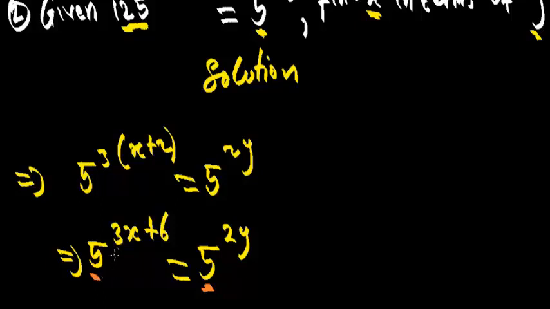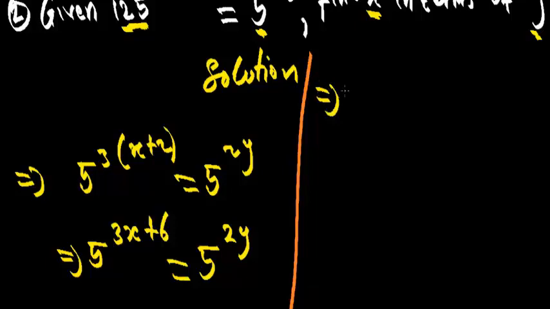So for the left side to be equal to the right side, then this place 3x plus 6 must be the same as 2y. So we proceed from here. This implies, since the bases are the same, that 3x plus 6 must also be equal to 2y.